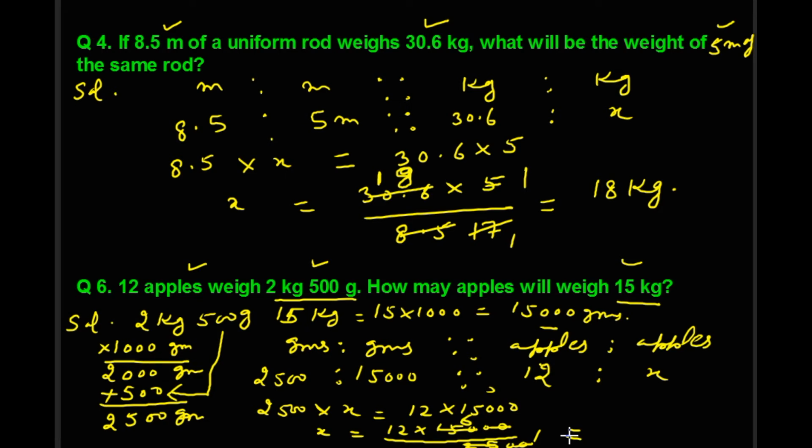Now 12 6 ja is equal to 72. So how many apples will weigh 15 kg? 72.